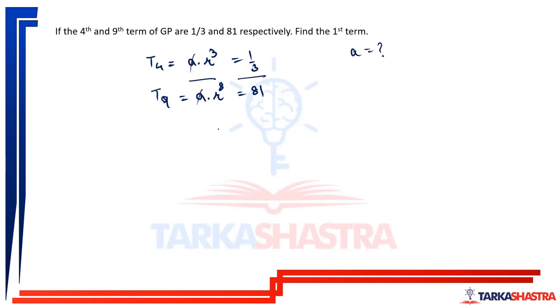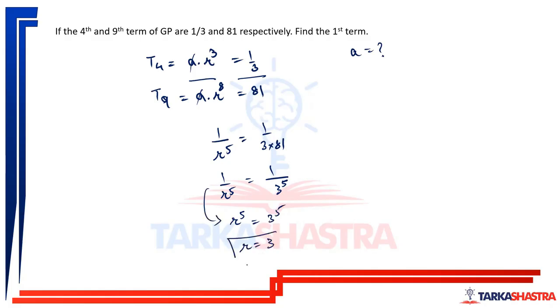R cube upon R to the power 8 is 1 upon R to the power 5. This is 1 by 3 into 81. So 1 upon R to the power 5 is 3 into 81, which is 3 into 3 to the power 4, that is 3 to the power 5. So R to the power 5 will be equal to 3 to the power 5, taking the reciprocal, R will be equal to 3.